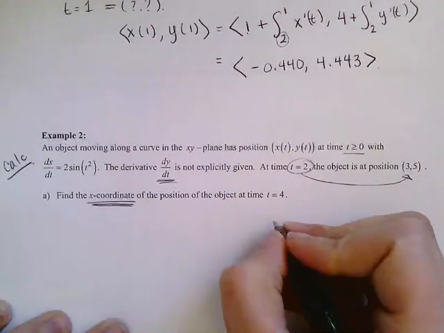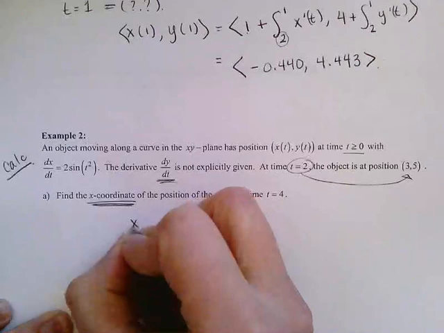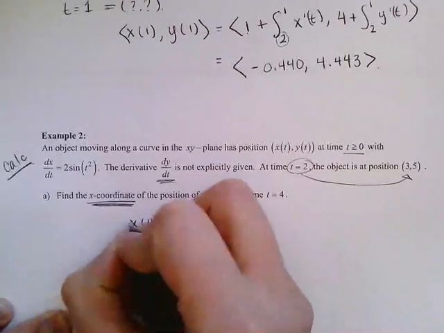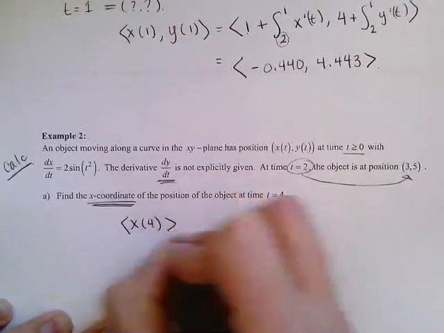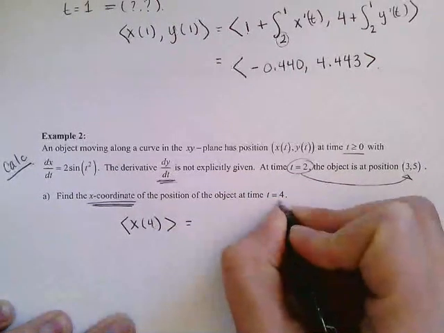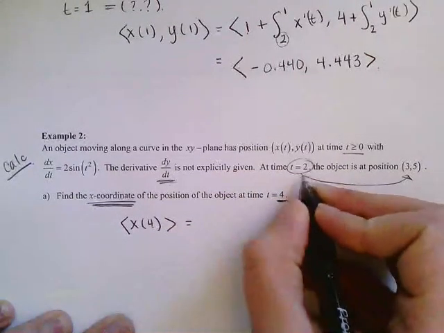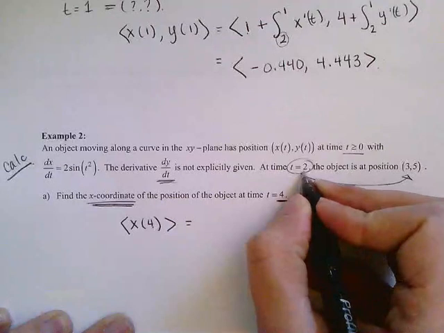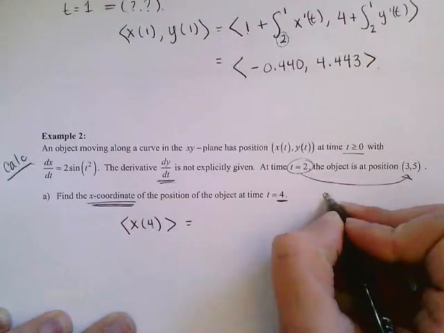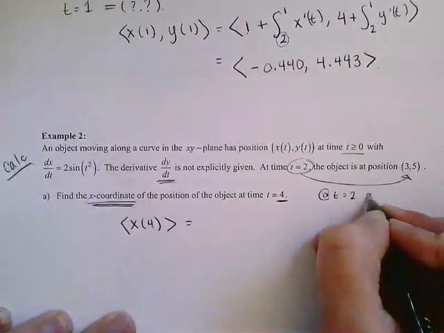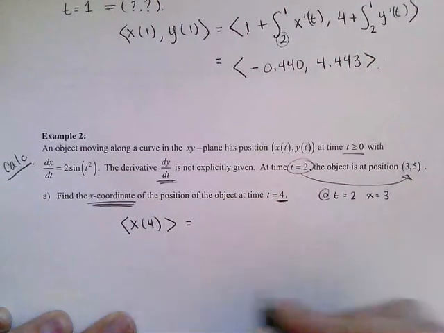So where is this thing at x of 4? They gave us the starting position. They told us that at t equals 2, our x is 3.